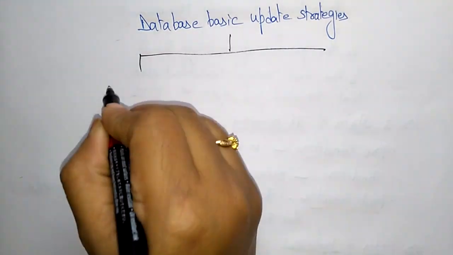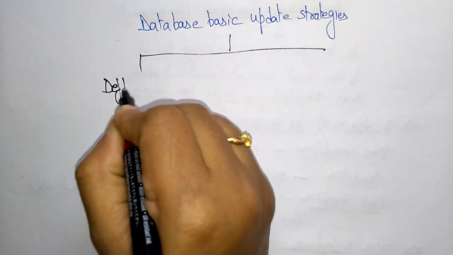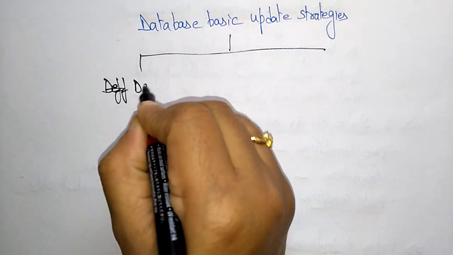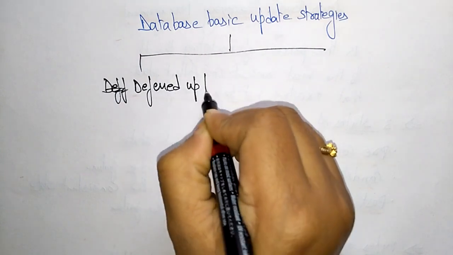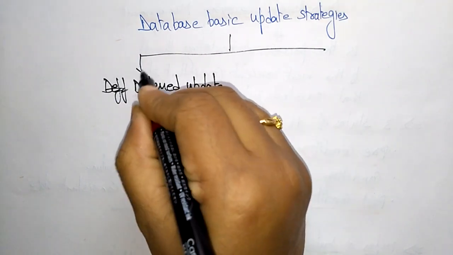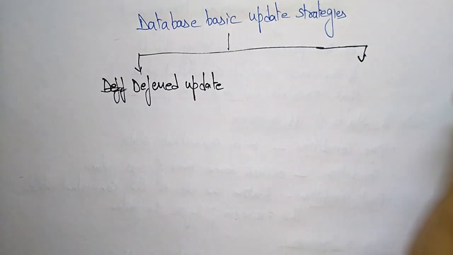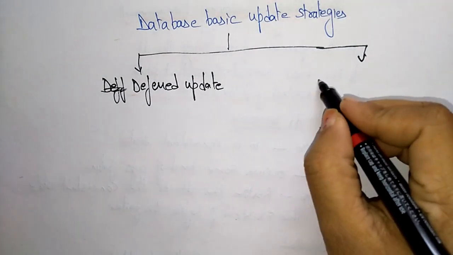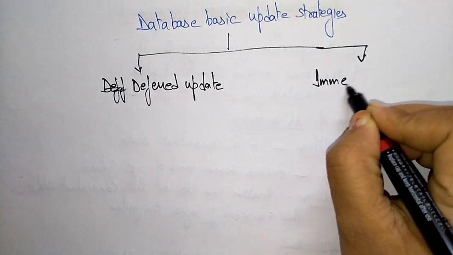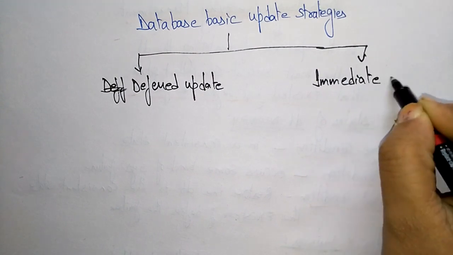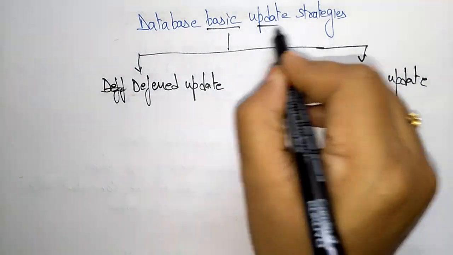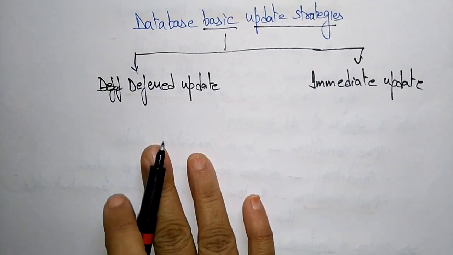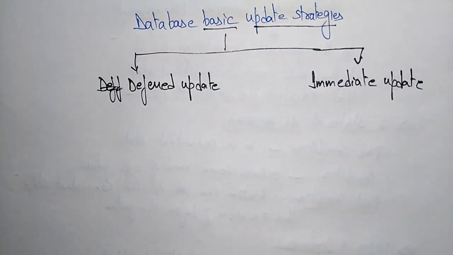One is deferred update, and another is immediate update. So the basic update strategies are deferred update and immediate update.